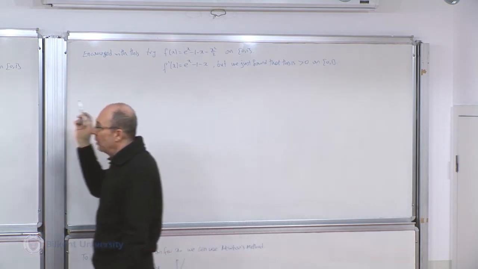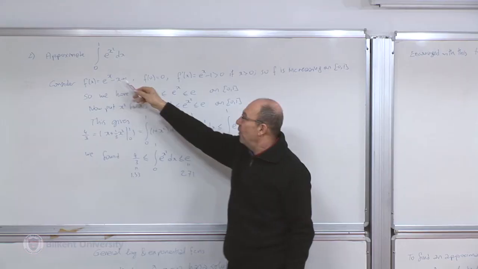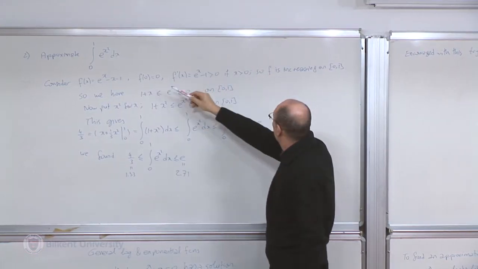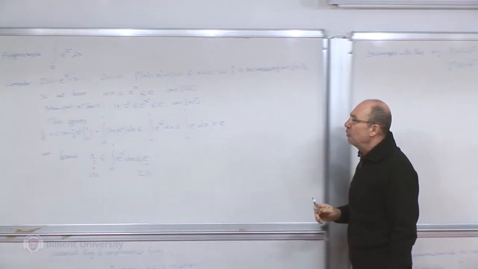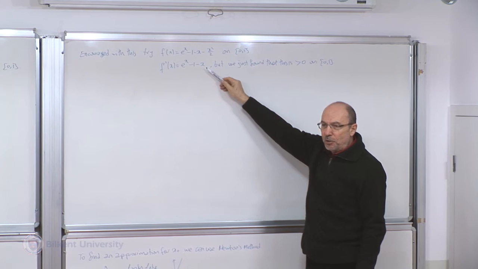That was the function we found here. We found that its derivative is positive, so this is always increasing. But it starts at 0. If it is increasing, it's always positive, so this is always positive.